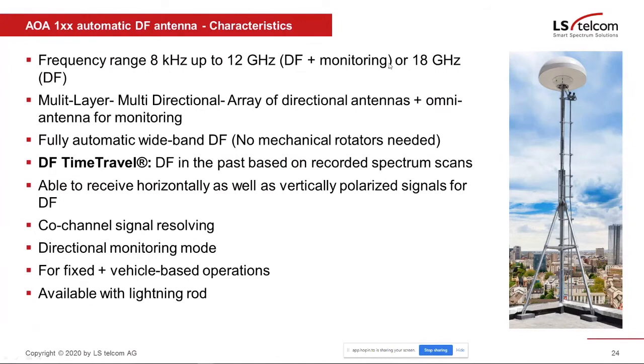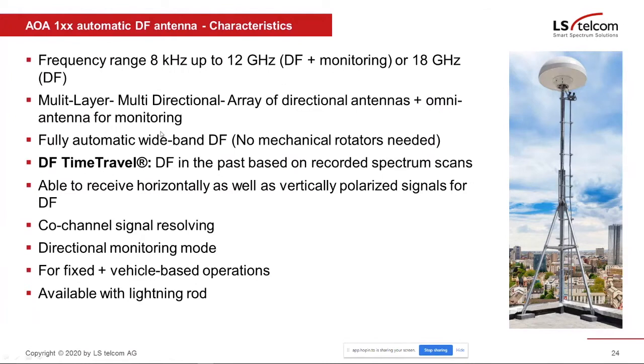Or we even have an 18 gigahertz version for direction finding only. This antenna consists of a multi-layer, multi-directional array of directional antennas, and for the monitoring version, an omni antenna is also included. So we have circular arrays of directional antennas.